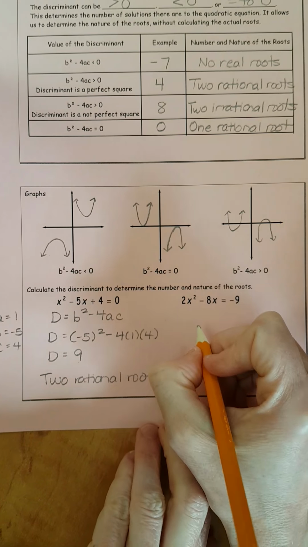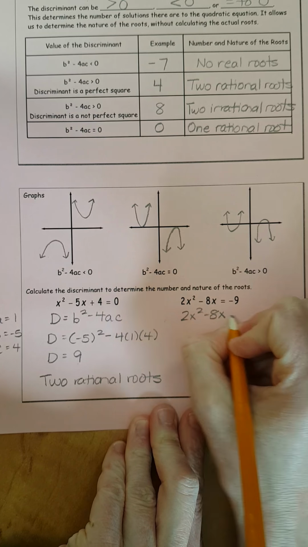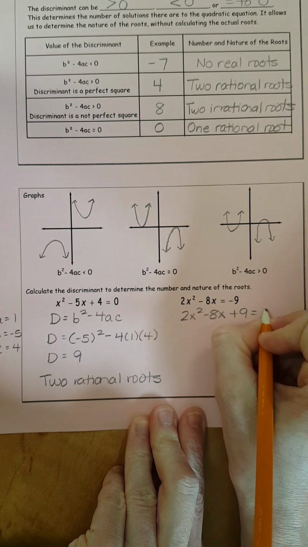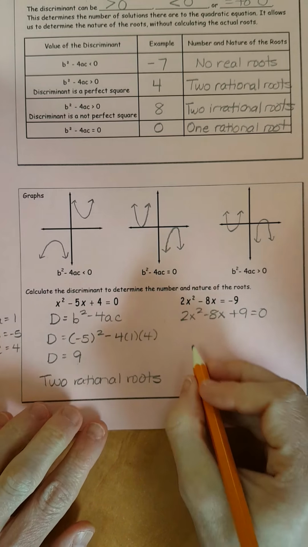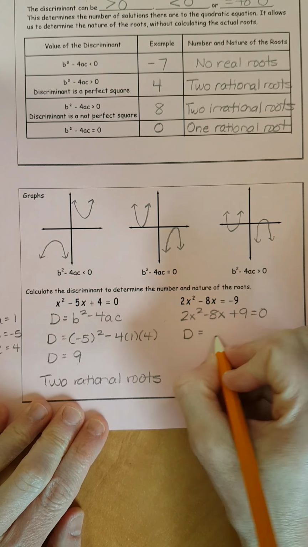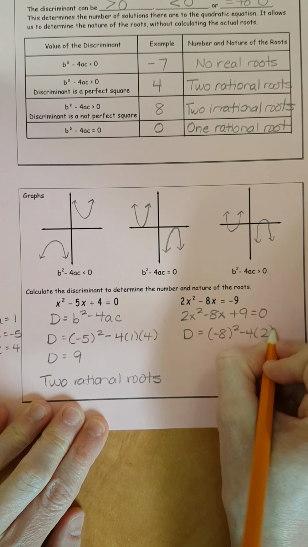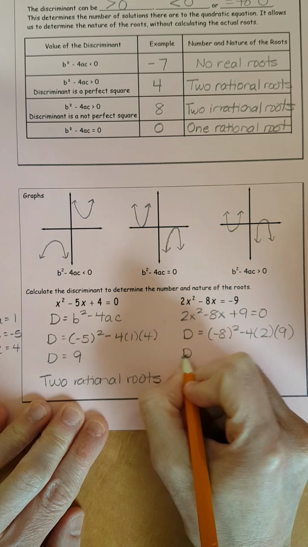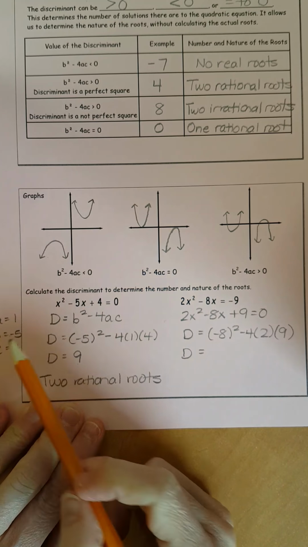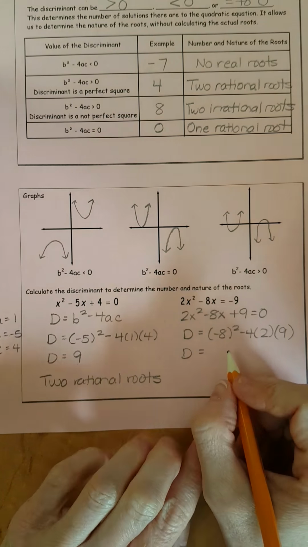Super important before we calculate the discriminant is to make sure that we make the equation equal to 0. So adding 9 to both sides, and D equals. The only thing I found with this is that sometimes students will put the wrong value, which is why I suggest writing A, B, C. I didn't for this one, of course.